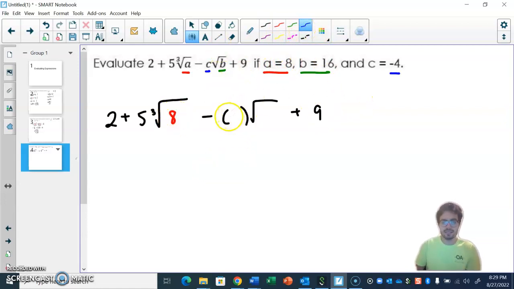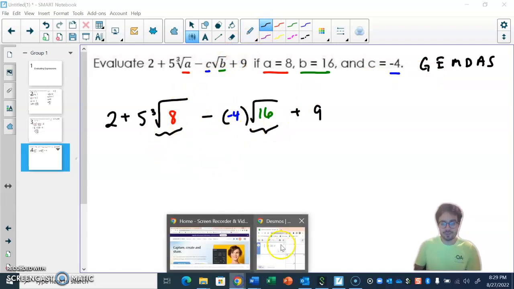My c is -4. My b is 16. And I have +9. Okay. Let's see. To start us off, do I have any groups? Yeah. With GEMDAS, my groups. Let's figure out what this is.